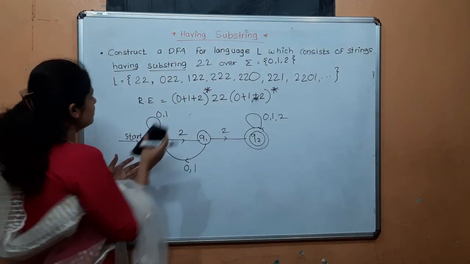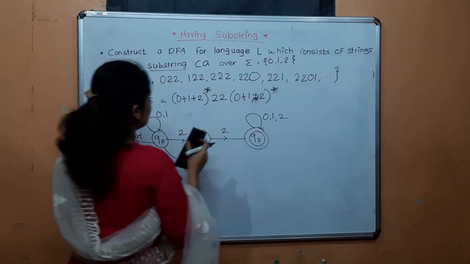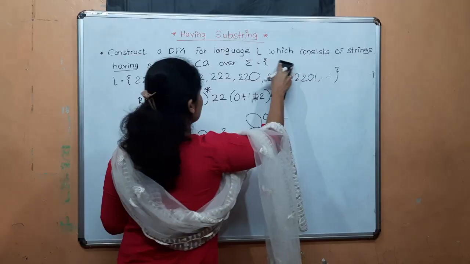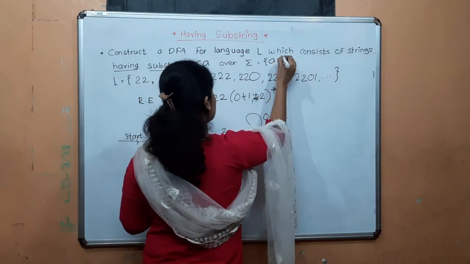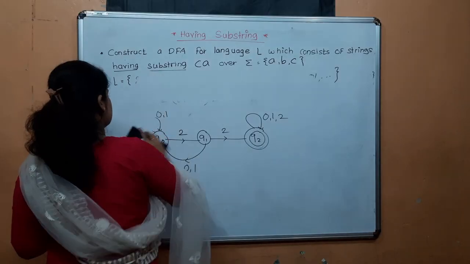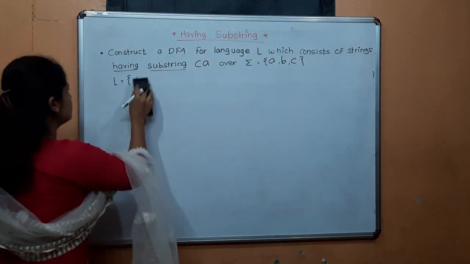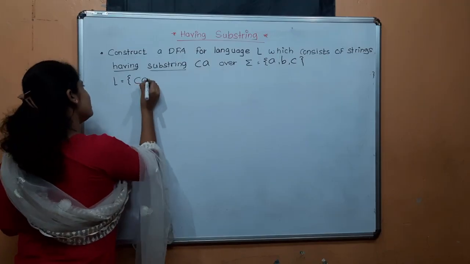Next example, having CA as a substring over the alphabet A, B, C. Now see here, the minimum string will be CA.